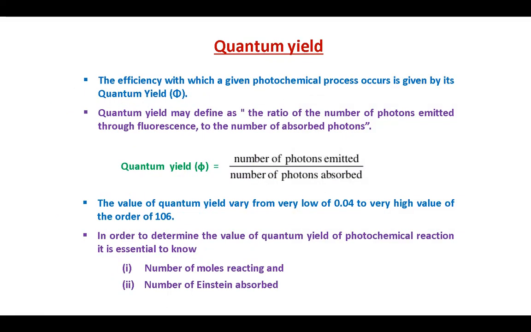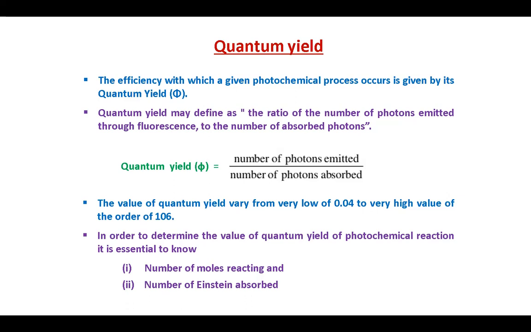Quantum yield. Since many photochemical reactions are complex and may compete with unproductive energy loss, the quantum yield is usually specified for a particular event. Quantum yield is a characteristic property of a fluorescent species. The efficiency with which a given photochemical process occurs is given by its quantum yield, phi.